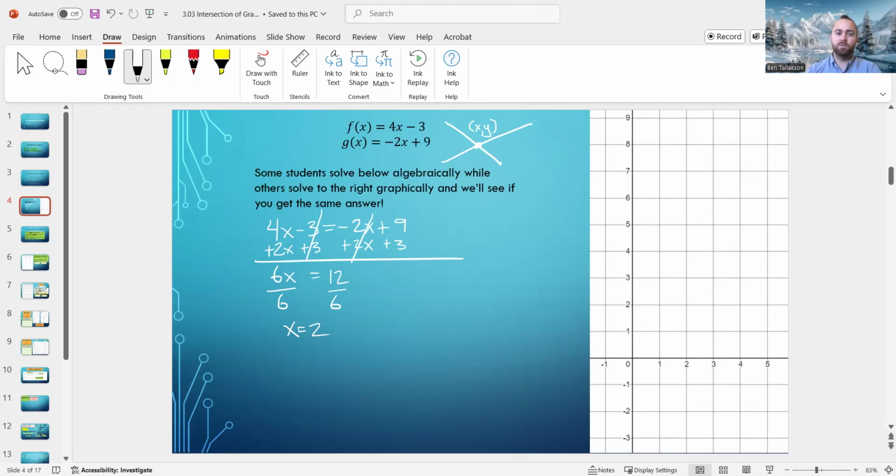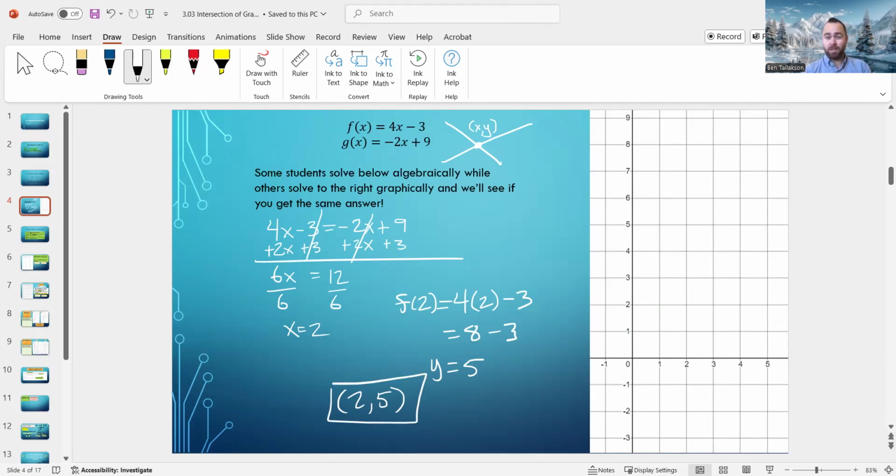So it doesn't matter which one. I'm just going to pick the first one. So when x is 2, y is 8 minus 3, 5. So this is y. So our solution to this system is 2, 5.